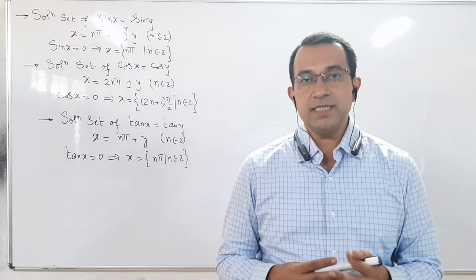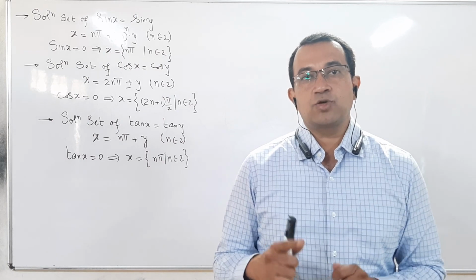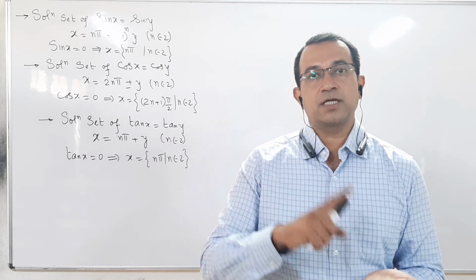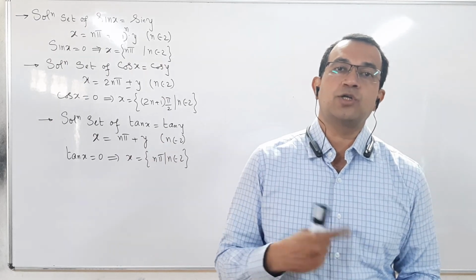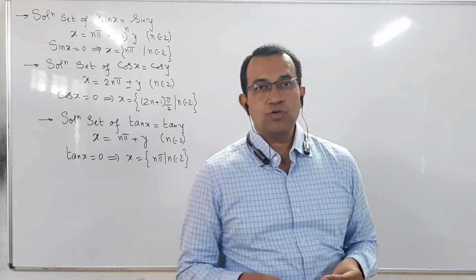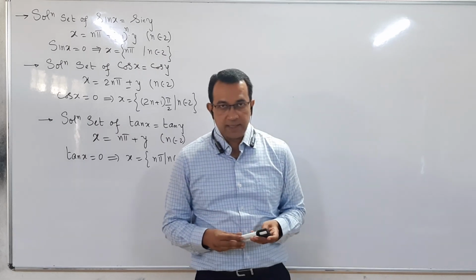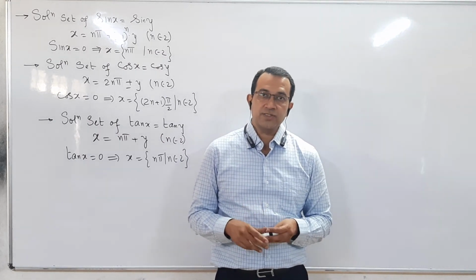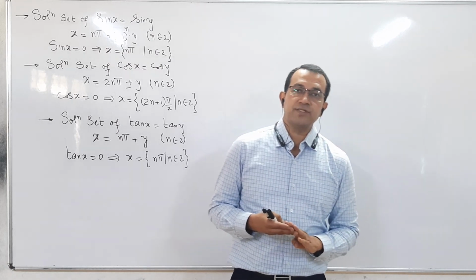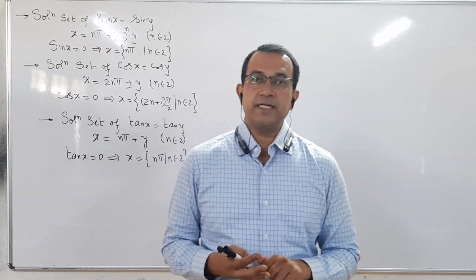The logic is that we can convert cosec to sine, sec to cos, and cot to tan. So we need not write solution sets of all trigonometric functions; even if we write the solution sets of sine, cos and tan functions, this is sufficient.